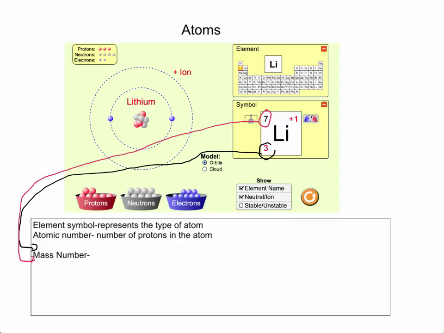So again, the mass number is the total number of protons and neutrons in the nucleus, and can actually be represented by the formula protons plus neutrons equals the mass number.